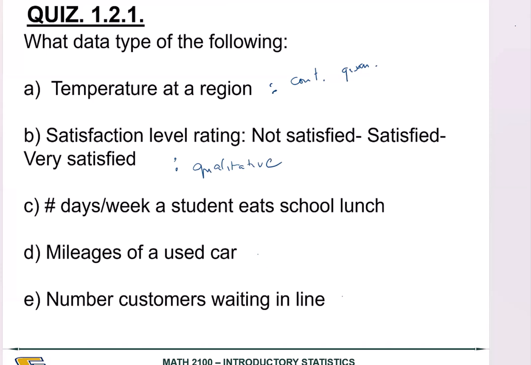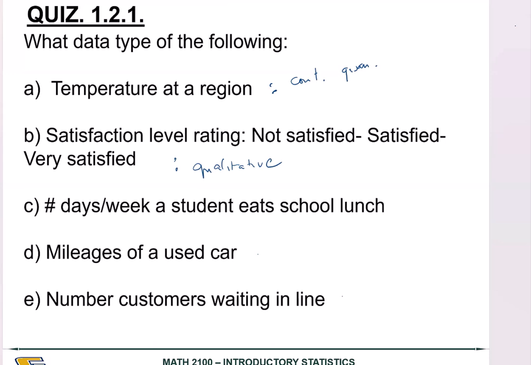Number of days per week a student eats school lunch: 0 days, 1 day, 2, 3, 4, 5, 6, 7. No 8, right? So here you have numbers that represent counts.